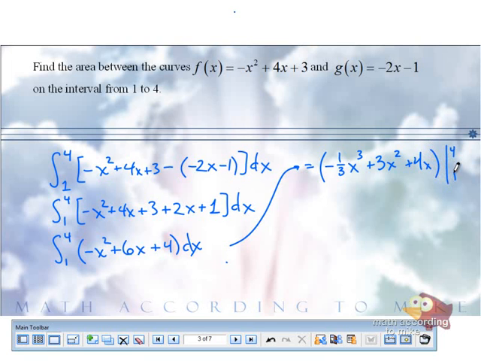We're evaluating that from 1 to 4. If you took the derivative of this, you should get back your integrand. You should be doing that every time you integrate. So we'll stick in 4, we'll subtract, we'll stick in 1.